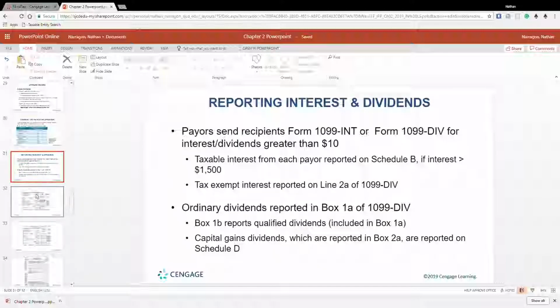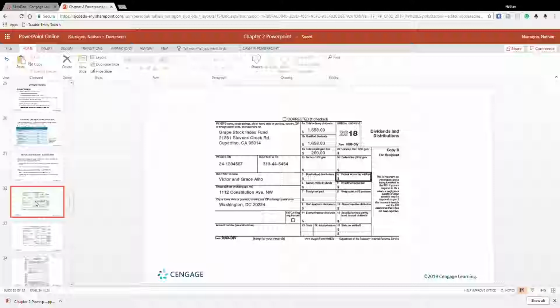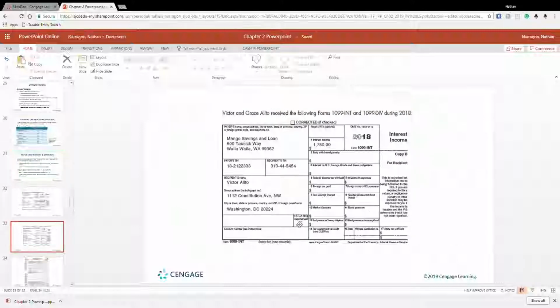I think they got a little confused because 2A is capital gains distribution right here. So again, sometimes the book can make mistakes. This is why I'm providing the actual documents and what they look like filled in. But tax exempt interest is right here. Little box 8. Okay.